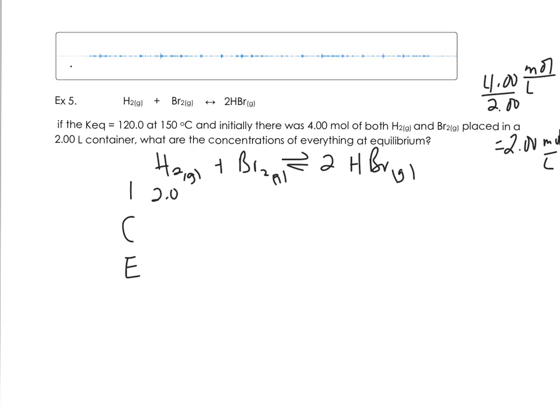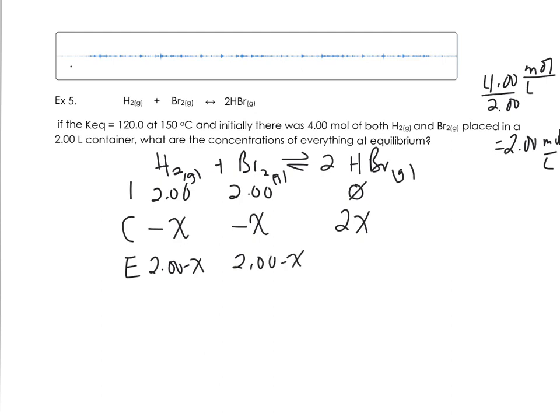So 2.00, 2.00, and at the start we have no product. So they go through a change, so negative x, they're being used up, and we're producing 2x. So at equilibrium, we have 2 minus x and 2x.